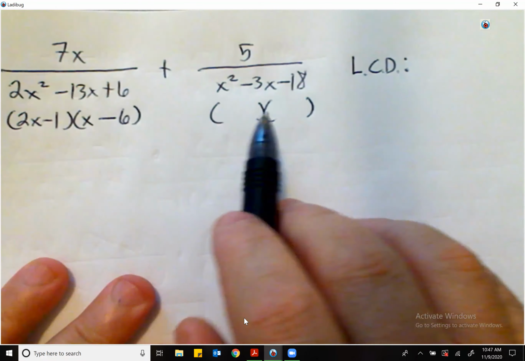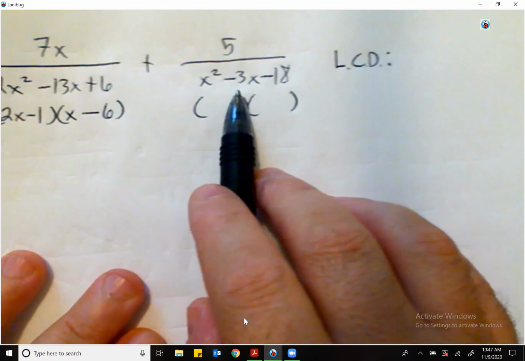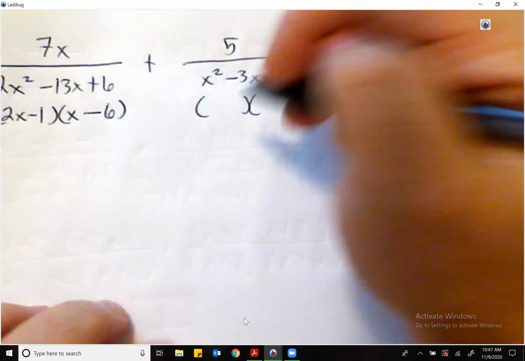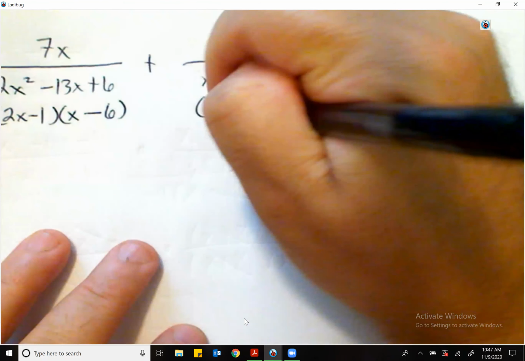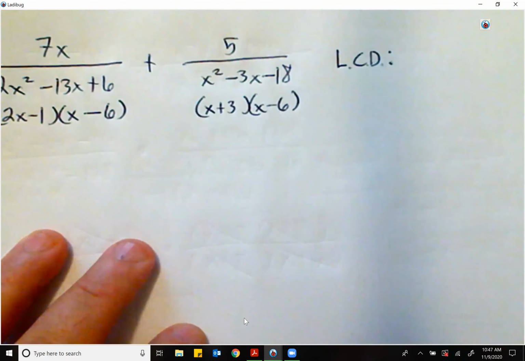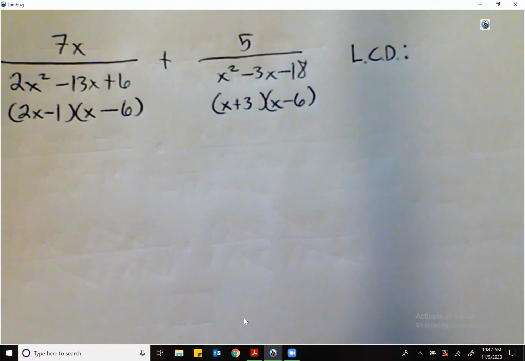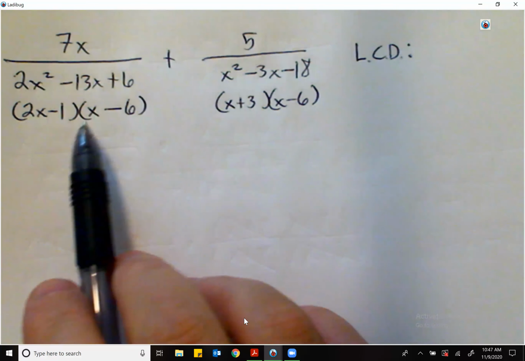All three of these parentheses are your LCD. I just ran out of room. So we'll have x minus 6, 2x minus 1, x plus 3, and x minus 6, 2x minus 1, x plus 3.